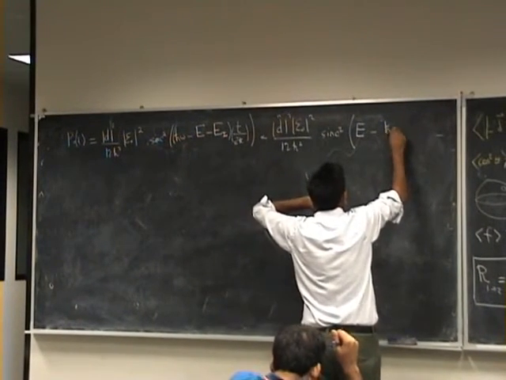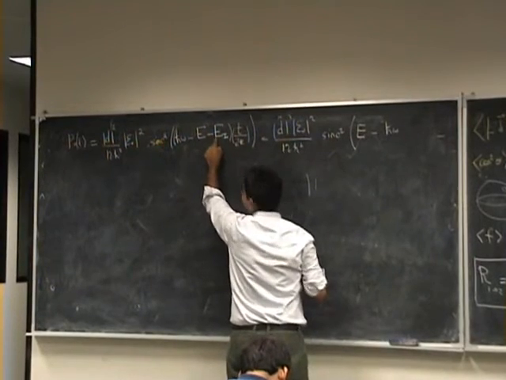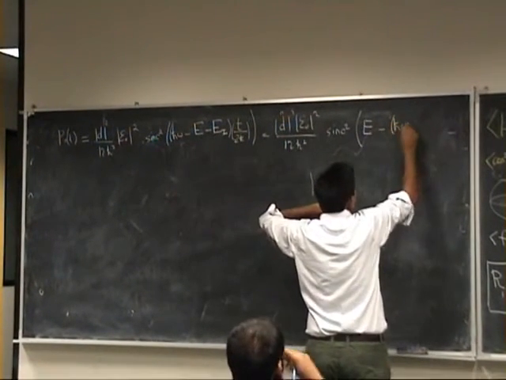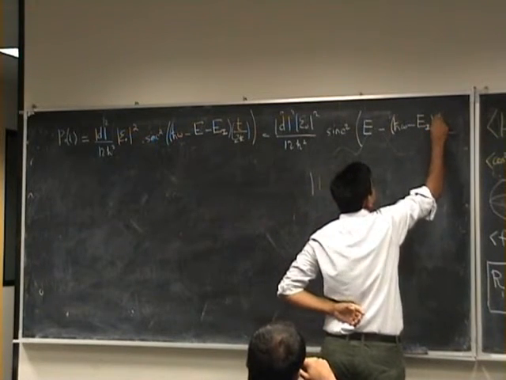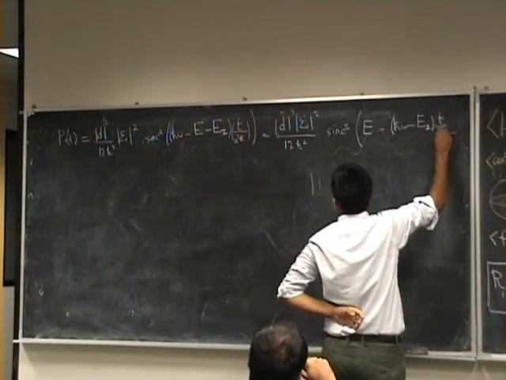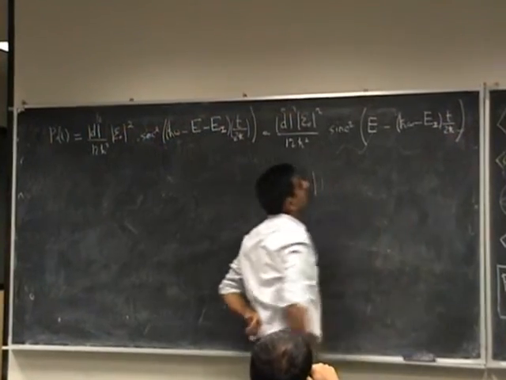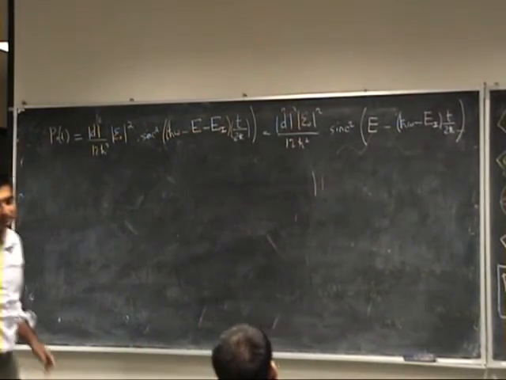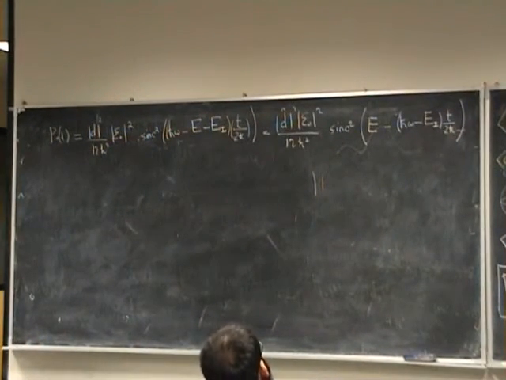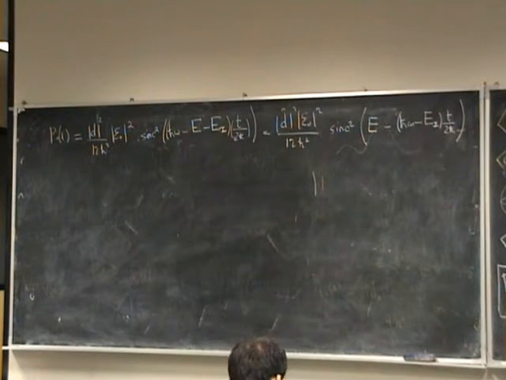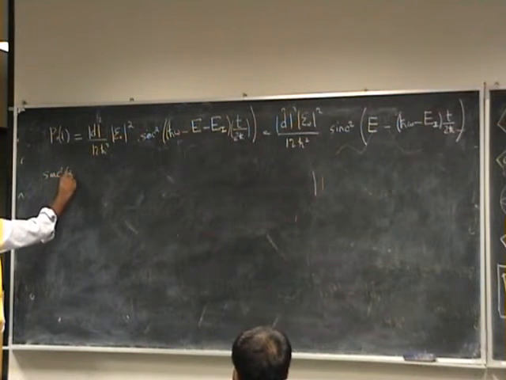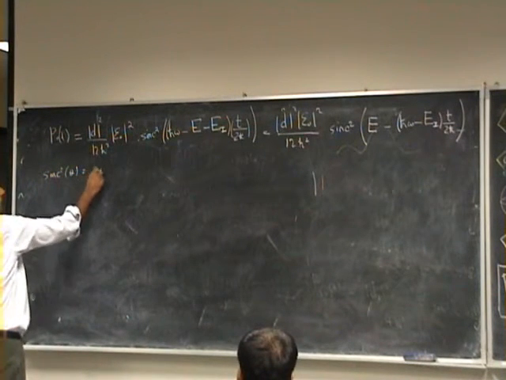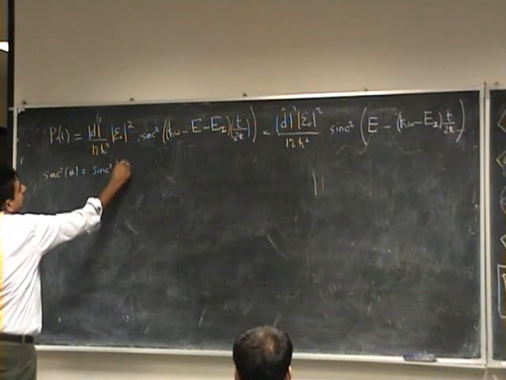Minus H bar omega plus EI. But I can write all of this in this form into 2 over 2H bar. देखो, sin squared of theta equals sin squared of minus theta.